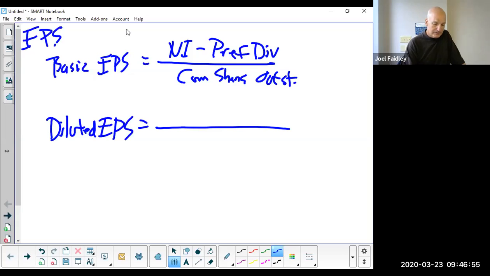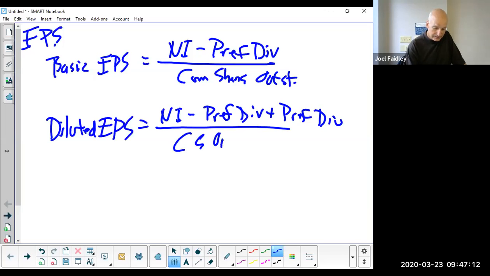The calculation here is you're really expanding on this basic earnings per share. So if you've got convertible preferred stock, in essence, you're going to add back that preferred dividend, and to your common shares outstanding, you're going to add the number of shares that preferred can be converted to common.